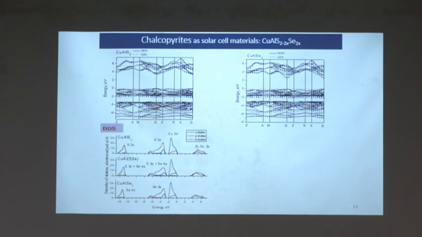Here I show you also our interest regarding some solar cell materials, because here we show how we are very smoothly able to adjust the band gap. And I show you how we can utilize such information.